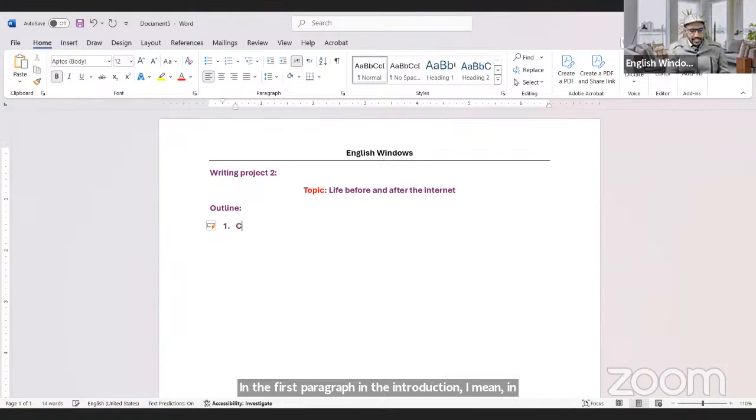Our first thing is going to be the introduction. So what are we going to talk about in the introduction? Of course, there must be the main idea or the topic sentence and so on, and then raise questions.